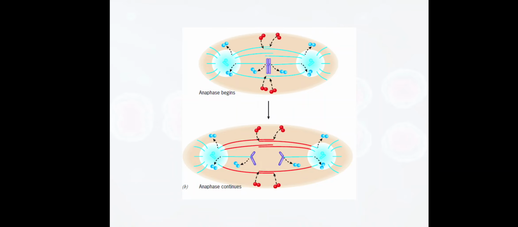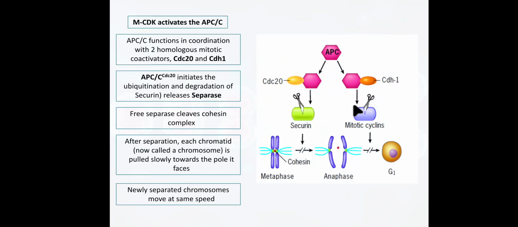This is anaphase A and this is anaphase B. In anaphase A, the chromosomes are moving apart. In anaphase B, the poles are moving apart. MCDK activates APC/C. APC/C functions in coordination with CDC20 and CDH1.